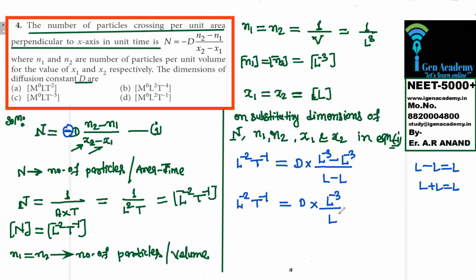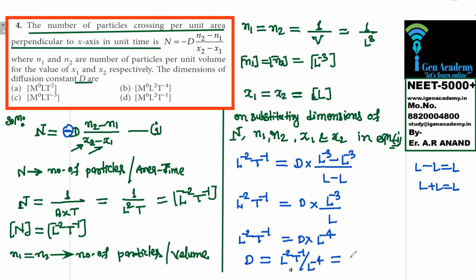Send this L up. So this will become D times L raised to the power minus 4. And here you have L raised to the power minus 2, T raised to the power minus 1. So finally, you are going to get D equal to L raised to the power minus 2, T raised to the power minus 1, divided by L raised to the power minus 4.